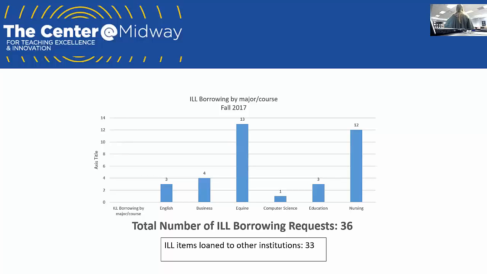Again, we just need to teach people how to use them better. And we can do that. That's easy. And just FYI, we loaned 33 items to other institutions, keeping our ratio about one-to-one, which is what we consider to be fair use in library ethics. So we did what we strive to do.